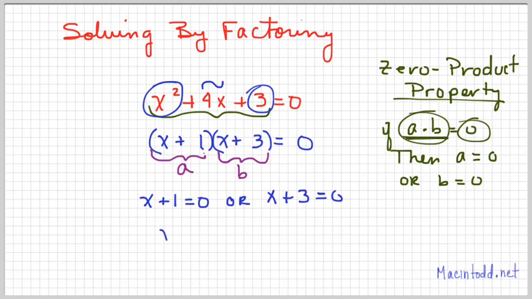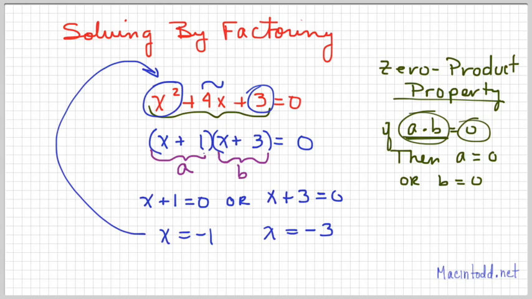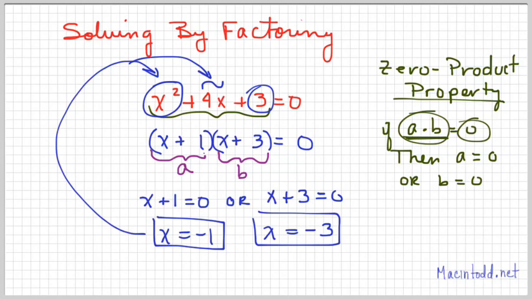And we just solve those little mini linear equations to find our two solutions. So x must be -1 or -3. These are always perfectly checkable. You plug -1 back in for x, and you get 1 minus 4, which is -3 plus 3, gives you 0. And you can check the -3 in the same way, but both of these then make this equation true.